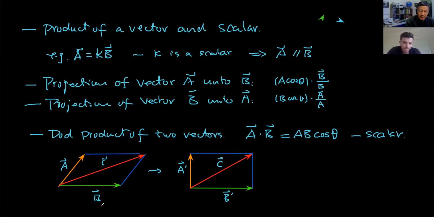In both cases, C is equal to the sum of the two components, so C equals A prime plus B prime. However, in this case, the angle between A and B is 90 degrees.